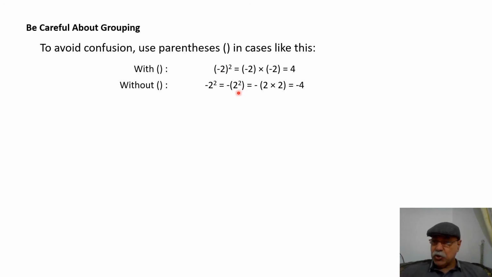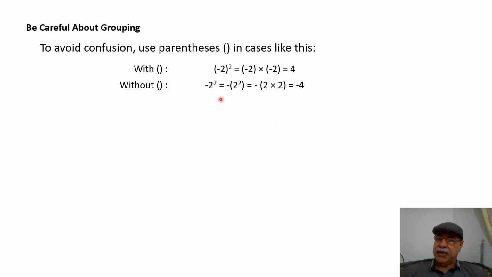But here the square has no bracket, so only 1 time. Yeah, that's why 2 times 2 is 4, minus 4, because of this minus. Minus times this becomes minus 4. But here, minus with minus, this whole number times the whole number, that's why it becomes 4. But here is different. Here 2 times 2 is 4, but the minus does not change because here there is no minus, this is plus like this.